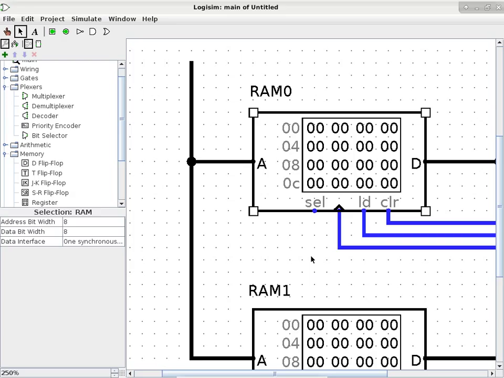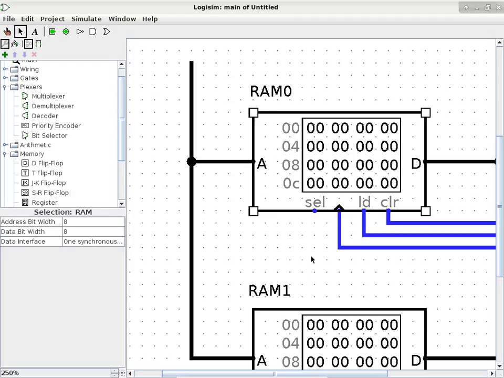So that means RAM 0 implements 256 bytes of memory, and RAM 1 is the same way. It implements another 256 bytes of RAM. Are we still doing okay so far with how to read off this thing? All right. So together we have 512 bytes in this particular system.